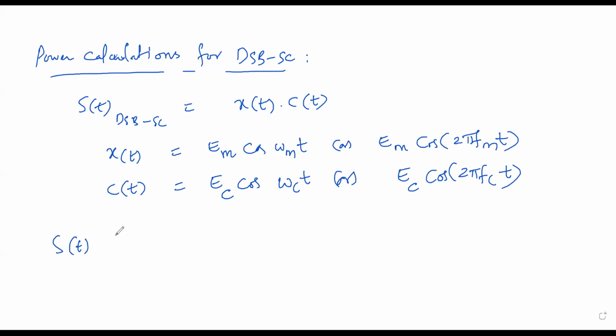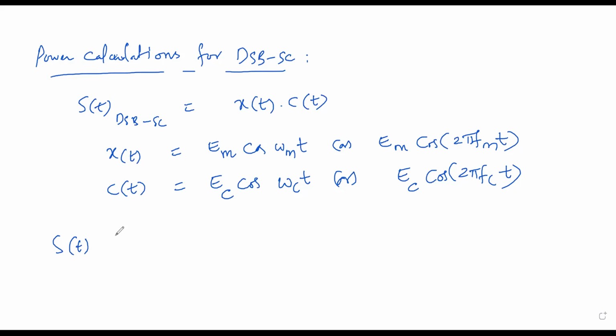So now what I am trying to do is, if you remember, we have done a similar analysis in AM, double sideband full carrier, wherein we have got the three components: the carrier component, the upper sideband component, and lower sideband component. And for each component, we have the corresponding amplitude values.